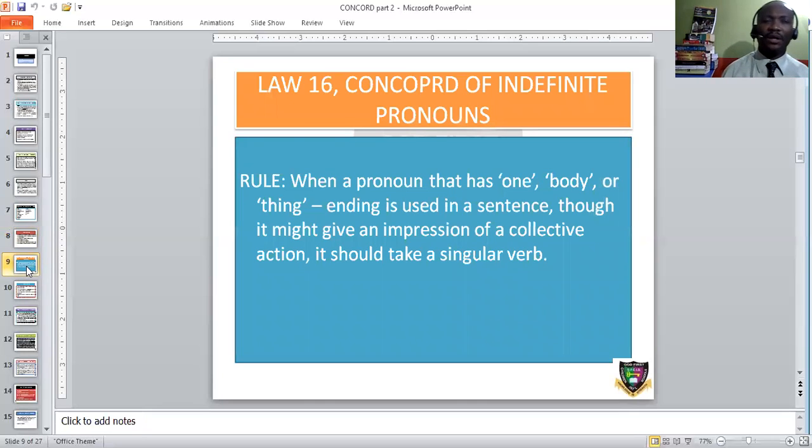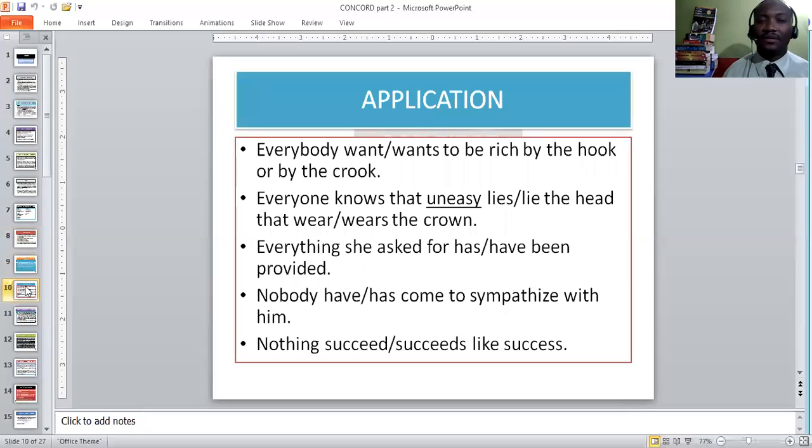Now, Law 16, Concord of indefinite pronouns. This rule says that when a pronoun that has one body or thing ending is used in a sentence, sometimes it may give an impression of a collective action. It should take singular, irrespective. Everybody wants to be rich by the hook or by the crook.